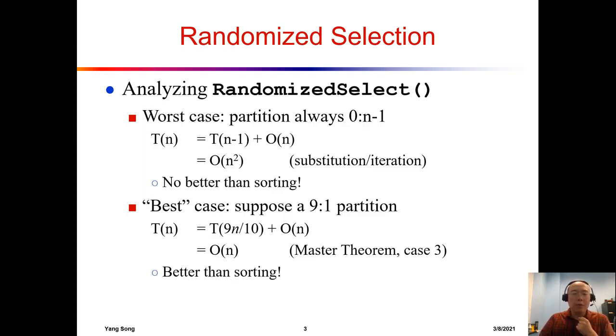Even if we constantly have a 90% to 10% partition, this partition is not really that bad, because for the selection problem, we can still achieve an O(n) algorithm, and O(n) is better than sorting. So even in this case, 90% to 10%, we are still having a linear time selection, so not so bad.